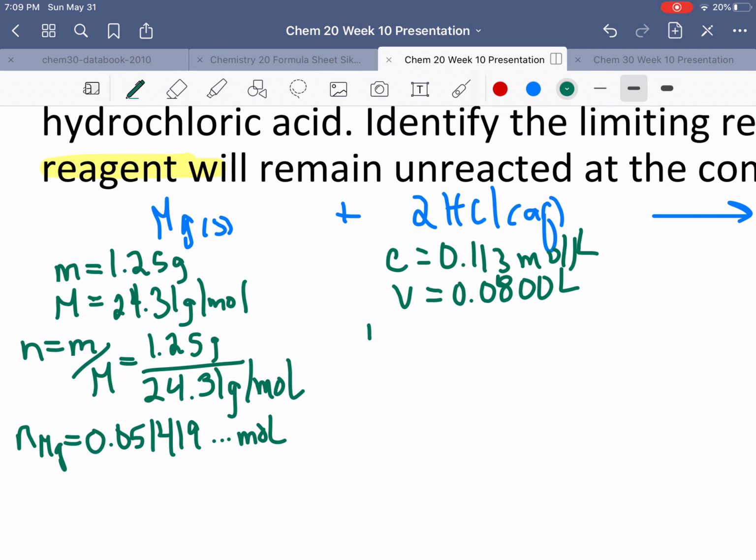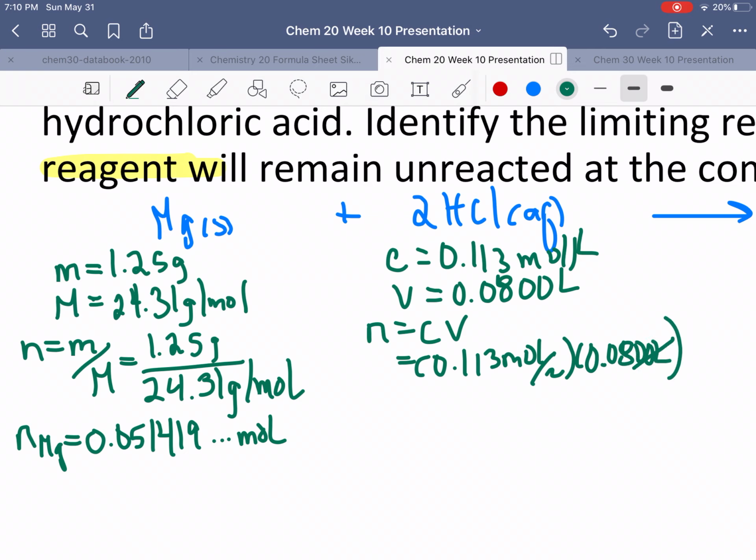Be careful with your formulas. When you rearrange this one, it's n equals C times V. So 0.113 moles per liter times 0.0800 liters. Liters are, of course, going to cancel out, and we're going to be left with moles. And this will give us moles of hydrochloric acid. It's a total of 0.00904 moles.